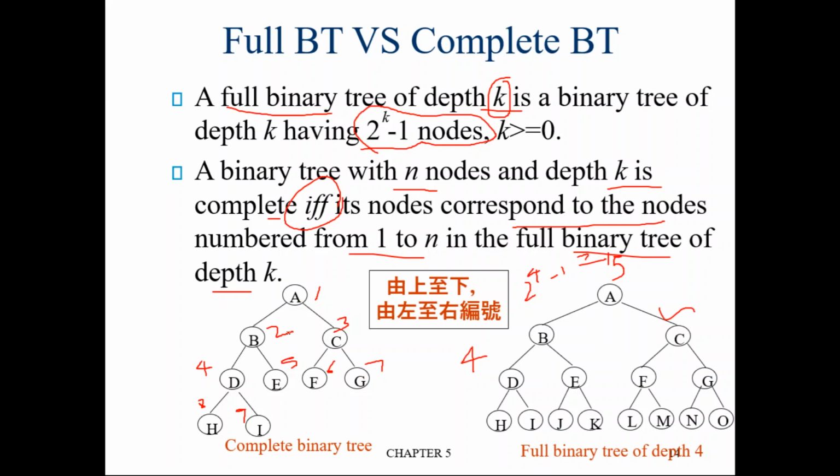So how will you number the nodes in a full binary tree? If it is a full binary tree, then here also you should have nodes, and here also, and here also. Then this will be 9, this will be 10, this will be 11, this will be 12, this will be 13, this will be 14, and this will be 15, in a full binary tree.